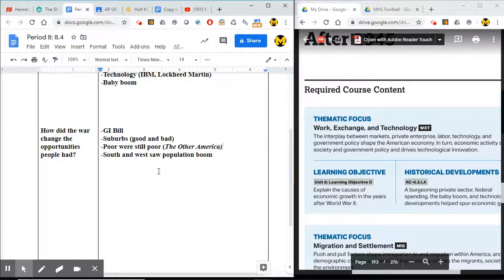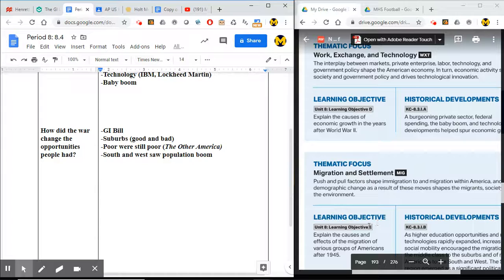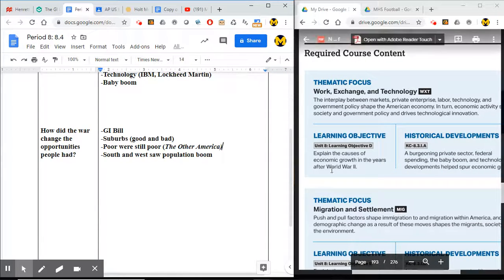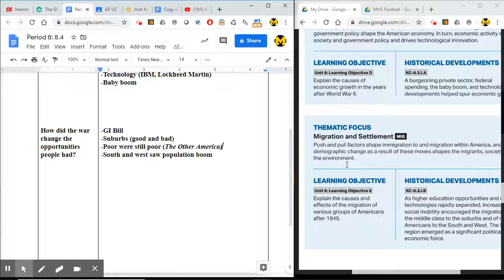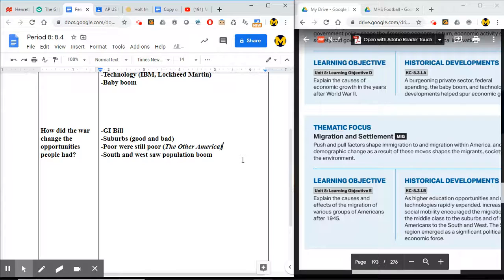There's not a huge boost to the lower class at this time, and that's for various reasons. You guys can look into that, but that's another thing that we have to understand, that as we look at movement of people, migration, getting of jobs, that sort of thing, there is still a group of people who don't really benefit. And we'll talk more about minority groups and women later on as we get to a topic specific to those groups of people. But in terms of economic class, the poor were still poor.